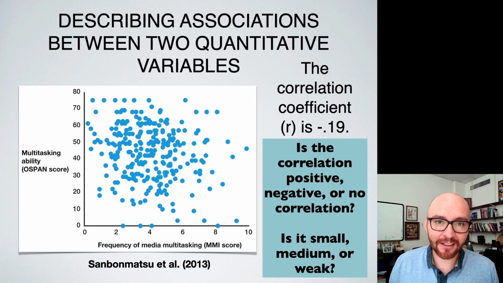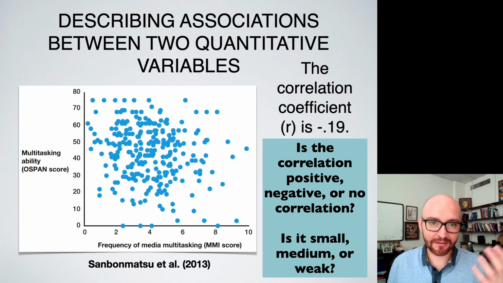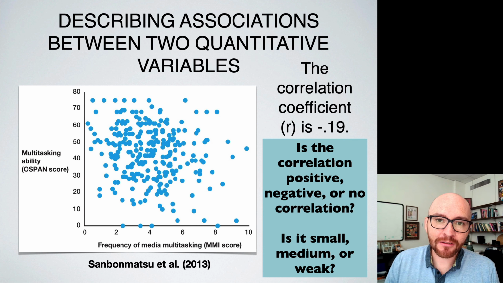They actually found there's a negative correlation between how many things you're doing on your device, phone, laptop, computer, whatever, or tablet, and your actual ability to multitask, right? When they give you a task and ask you to do two things or more at the same time.